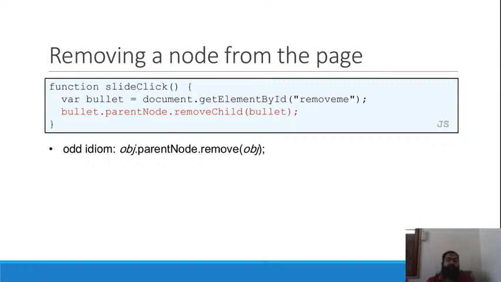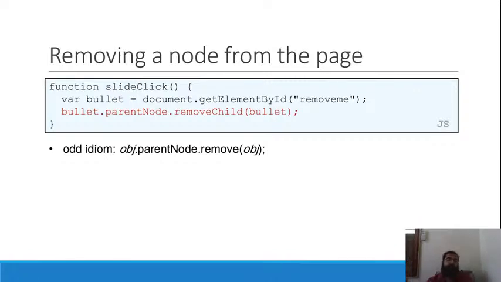And you can remove a child by this particular example. For removing a child, this is how you would do it. For example, you have a variable bullet equal to document.getElementById("removeme"), so that's called a bullet, which means it could be a bullet point.